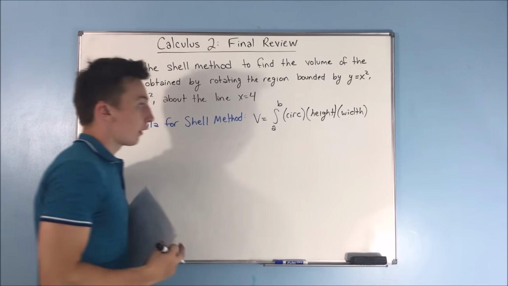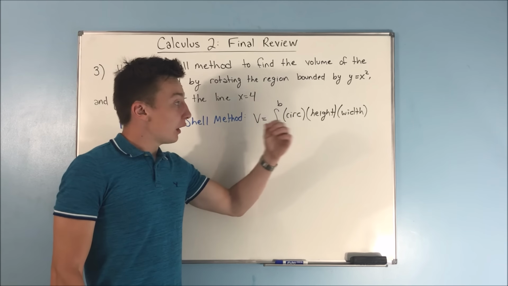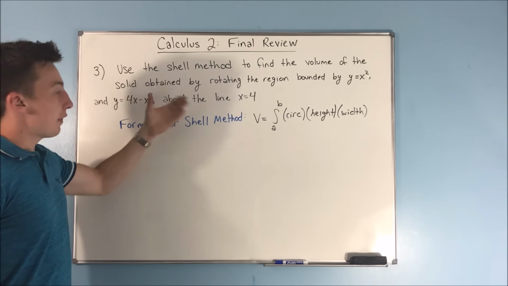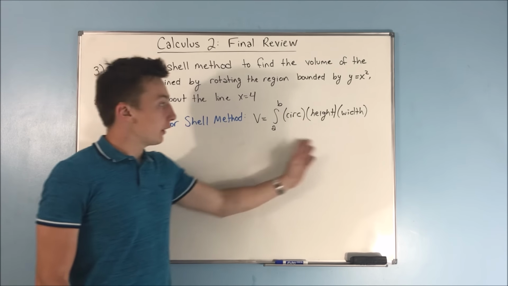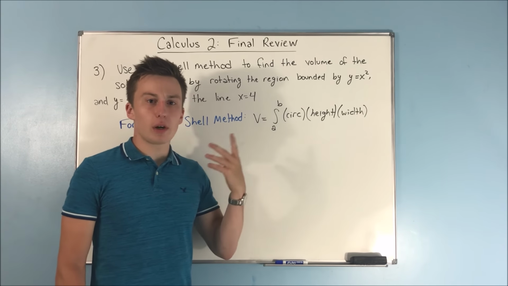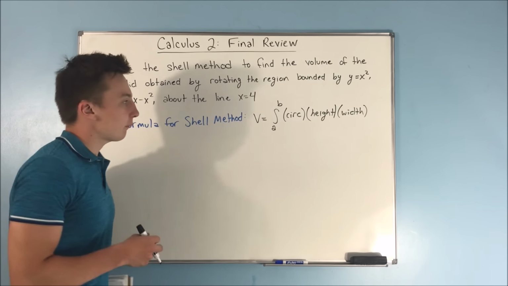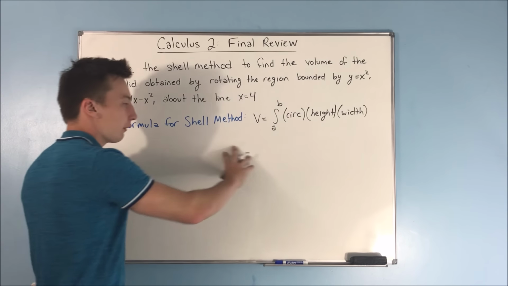We're getting these because, remember, with the shell method we're talking about cylindrical shells. So we're basically finding the volume of a cylinder here. That's kind of where this whole concept comes from. So this is the formula for the shell method.